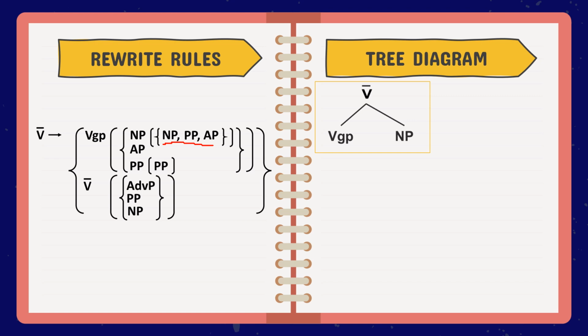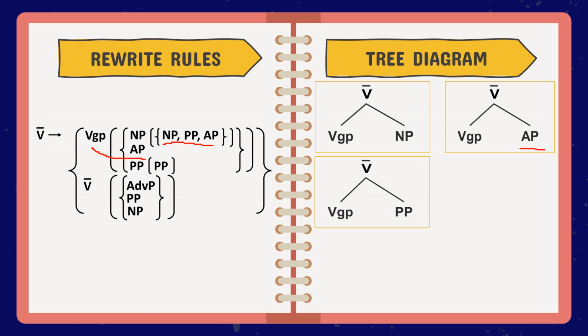Now, for the second illustration, we have the V-bar that consists of a verb group and adjective phrase. This is our illustration. And then we can also have V-bar that consists of a verb group and prepositional phrase.